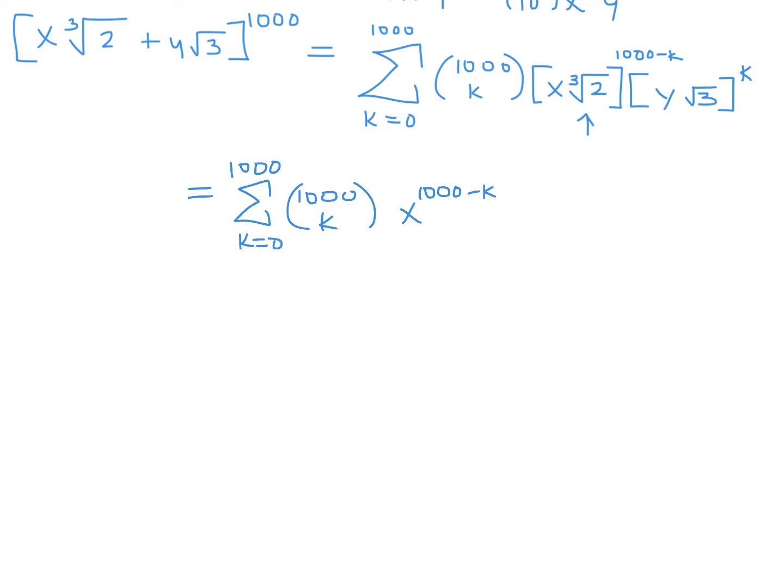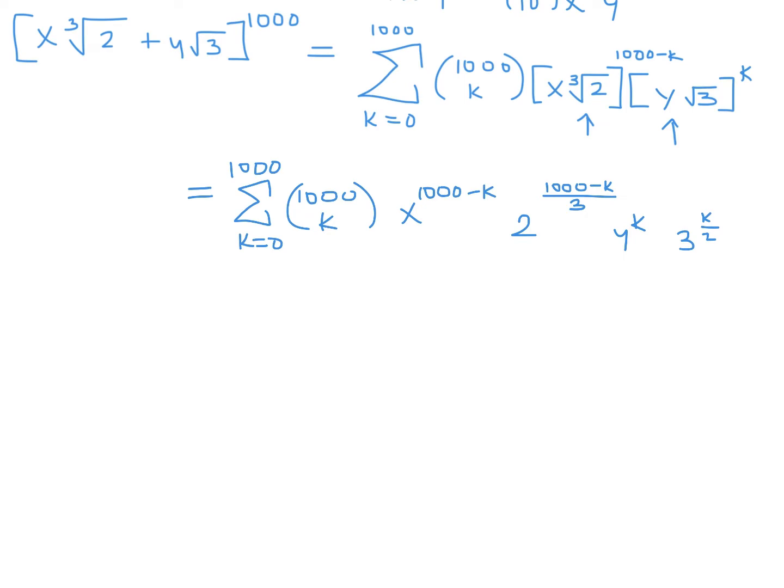Yeah. So that means it'll be 2 to the power of 1000 minus k over 3. And then this guy, y to the power of k, and then that's the square root of 3, which is 3 to the power of a half. So it'd be 3 to the power of k over 2. Okay, so hopefully I did that correctly.